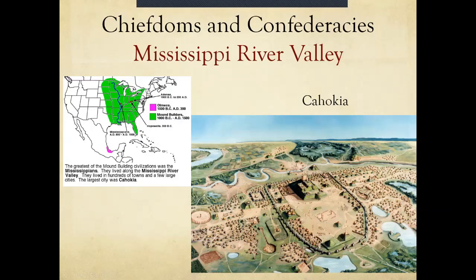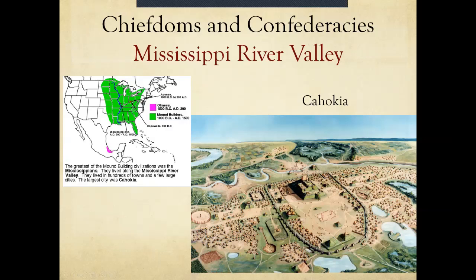You're going to have over 150 of these mound structures. These were the mound builders. So the mound builders, they would create these civilizations, and then everything is going to support this main community. And there were thousands and thousands of people who lived in Cahokia and in the surrounding area.